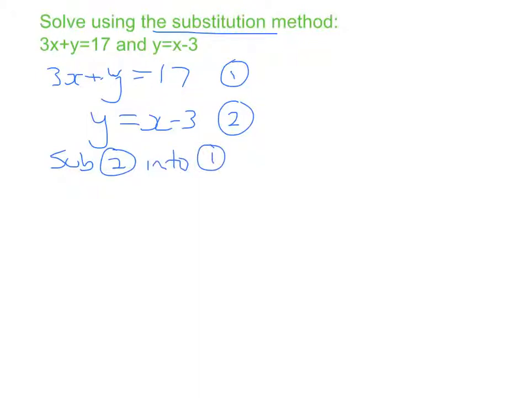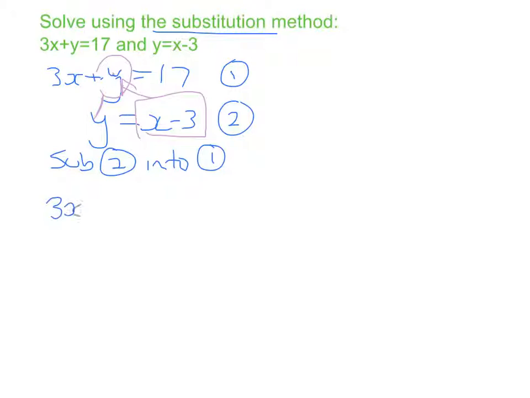That essentially means that we've got this y part in the first equation, and we see y is equal to in the second equation. So essentially what we're going to do is we're going to replace the y part in the first equation with everything on the right hand side of the second equation. So that's all going to go into there. We're substituting that in.